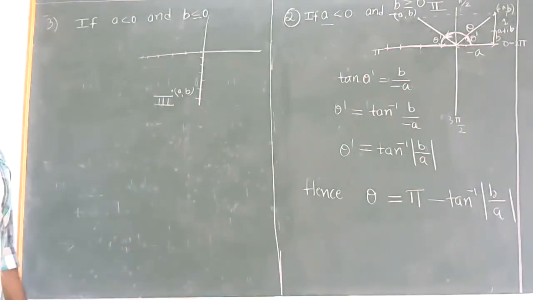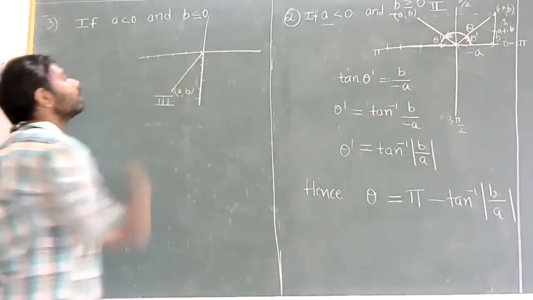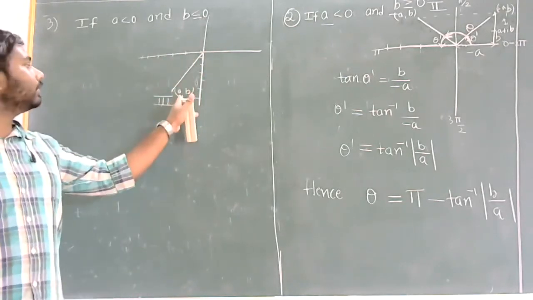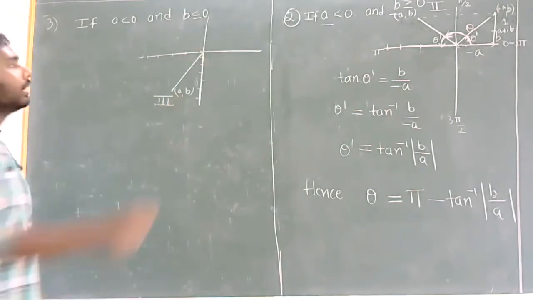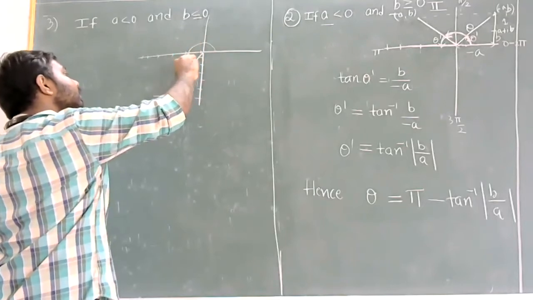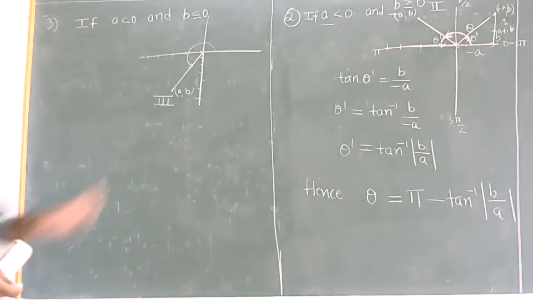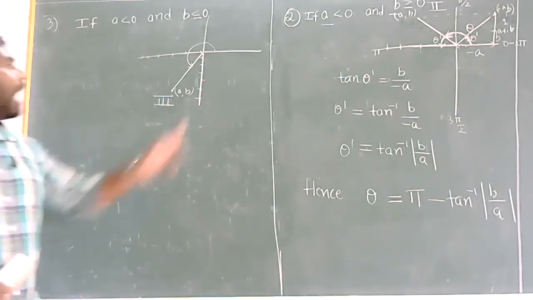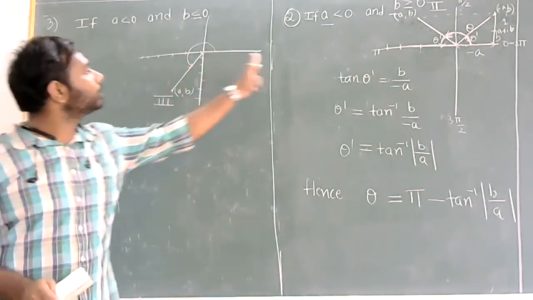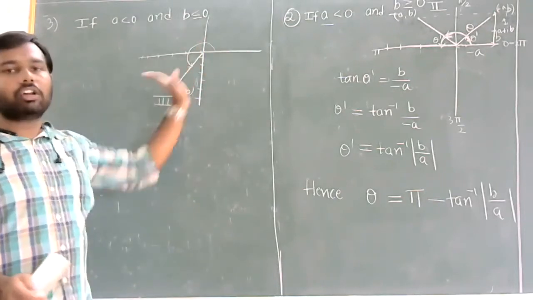So first of all, argument of Z means I have to join this line, that is join the points A, B and the origin. And the angle made by this line with respect to the positive real axis will be actually the argument value. The angle subtended by this line with respect to the positive real axis. Usually we will measure the angle in anti-clockwise direction.